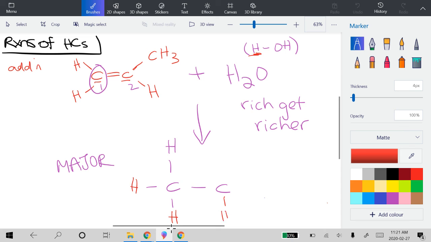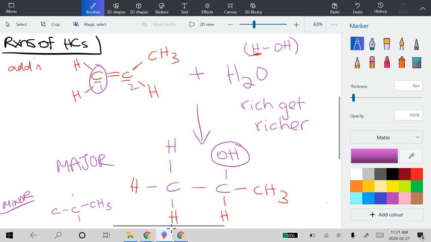This carbon has an H and a CH3 already, and it needs another bond, so that's where the alcohol comes in, the OH over there. That would be the major product for this reaction. And I only want the major product on test, but just FYI, the minor would be the other way, where the alcohol group goes on that carbon 1. And that's really it for the reactions of hydrocarbons.